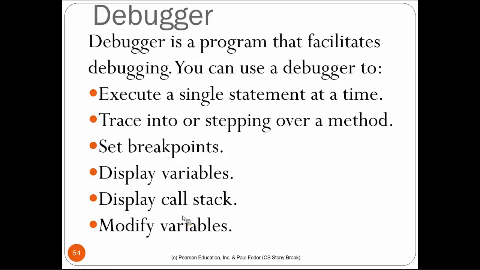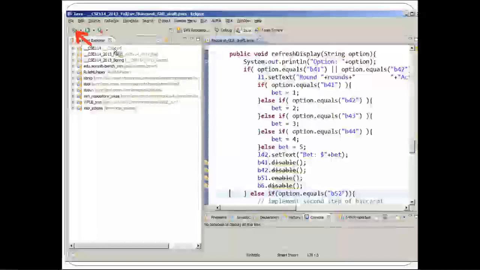It will display the call stack, basically what method we are currently executing and who called that method. It will modify the variables and so on. In fact, you can even modify variables like, oh, so what would this method do if we modify the value of I from 7 to 11? So you can actually modify the stack yourself.